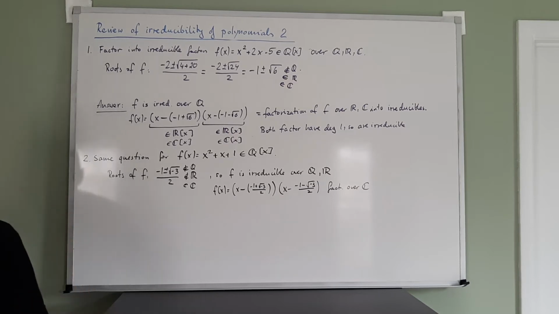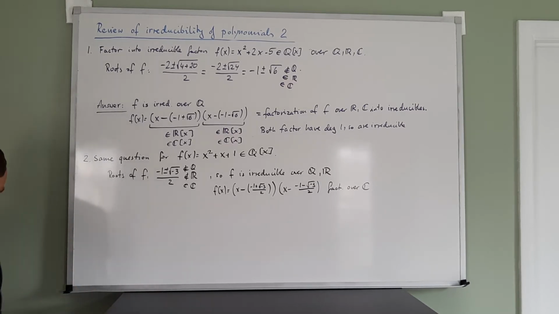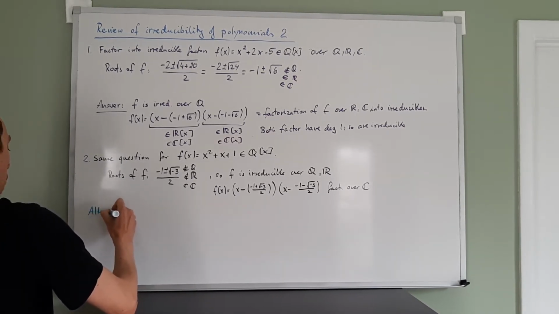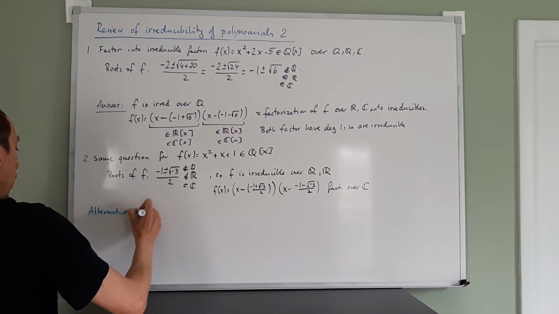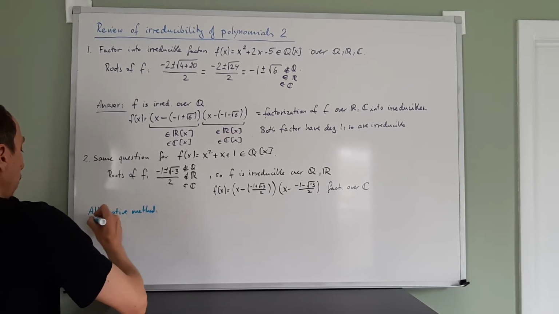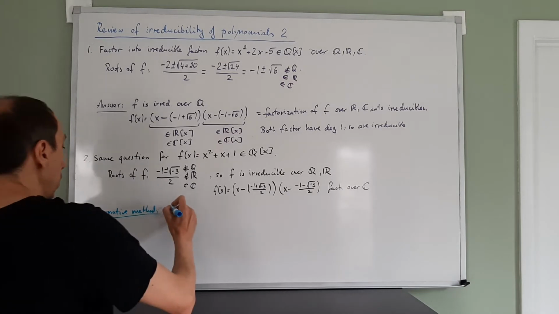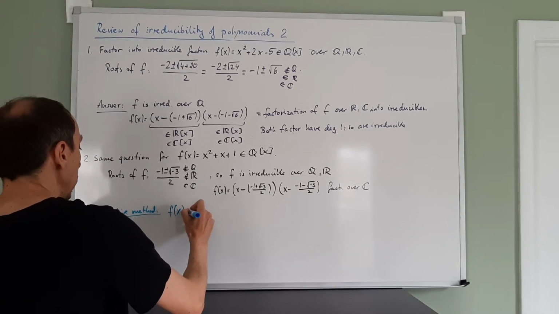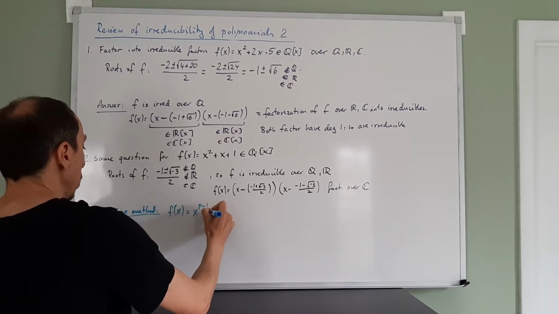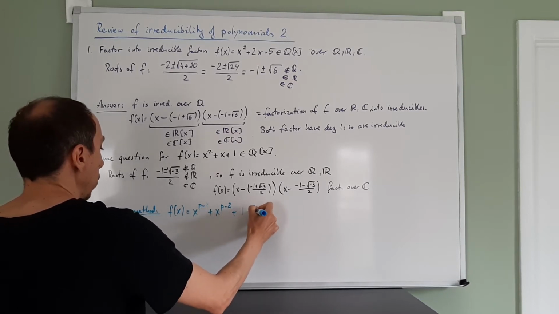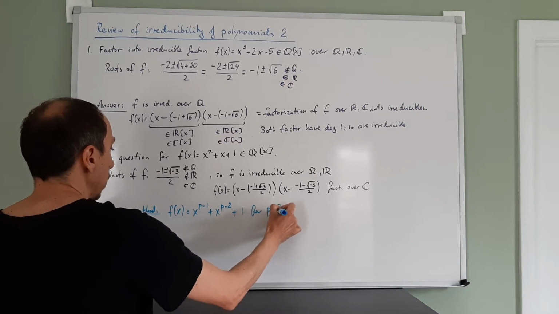Okay, an alternative method to solving this problem is the following. For once, note that this is a polynomial of the form f of x equal to x to the p minus 1 plus x to the p minus 2 plus ... plus 1 for p equal to 3.